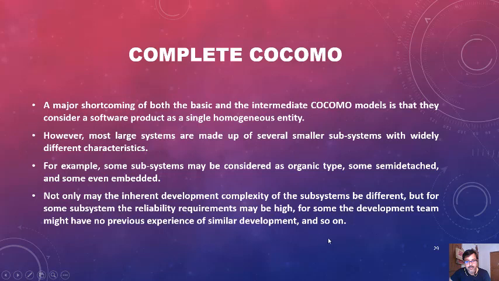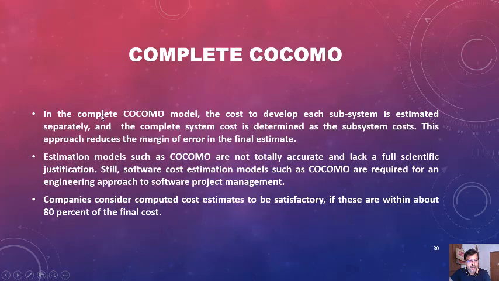Estimation models such as COCOMO are not totally accurate and lack a full scientific justification. Still, software cost estimation models such as COCOMO are required for an engineering approach to software project management. Companies consider computed cost estimates to be satisfactory if they are within about 80% of the final cost.